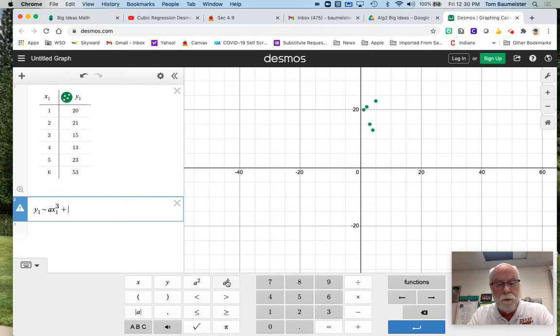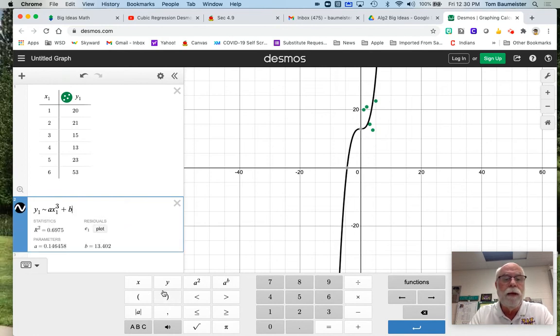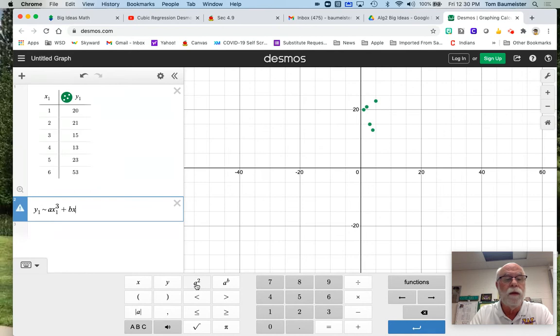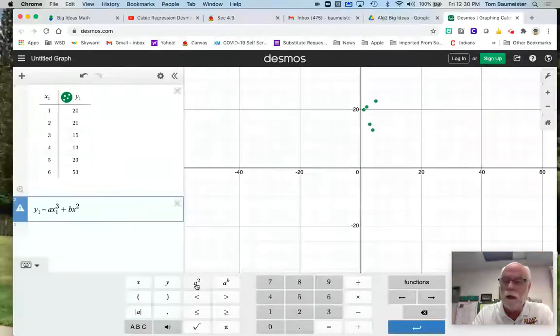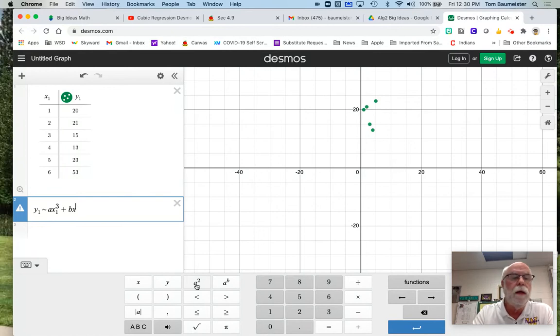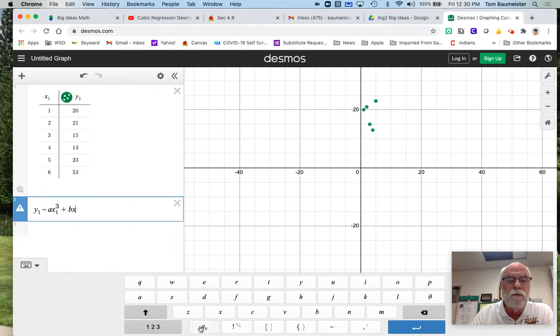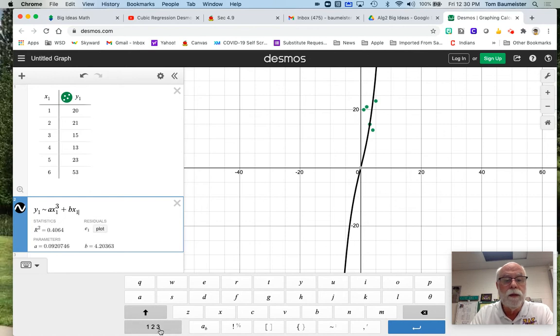So then we're going to say B, X, and then on this one we can say squared. Oh wait, I got to go back and see. I always forget that one. With the calculator share, I never had to do that. That's why I keep forgetting that. And then we're going to square that.